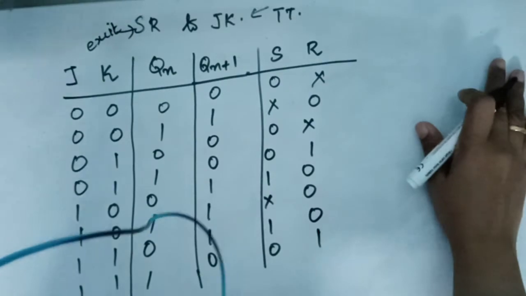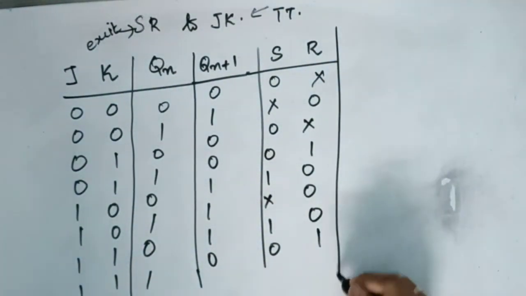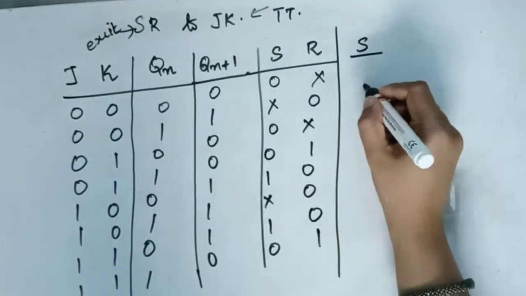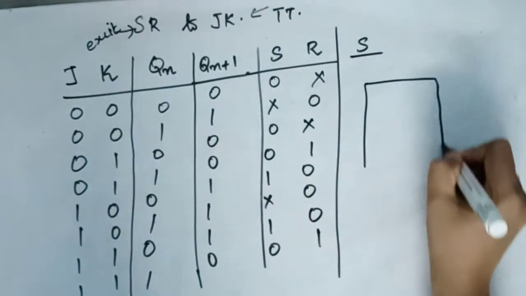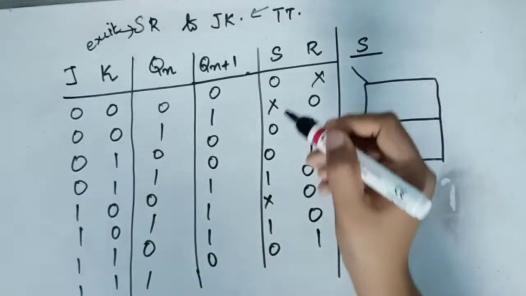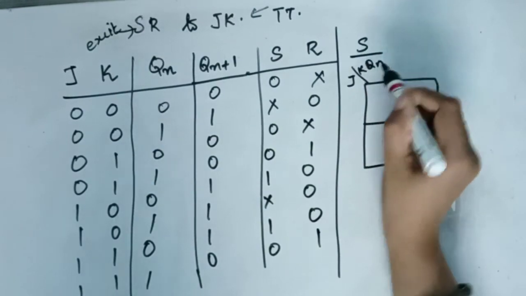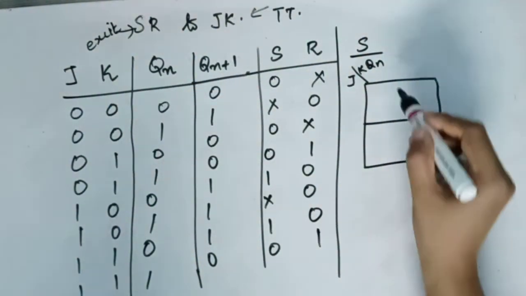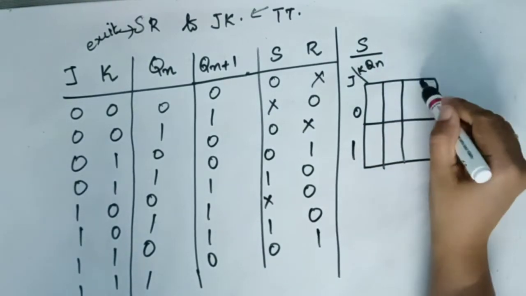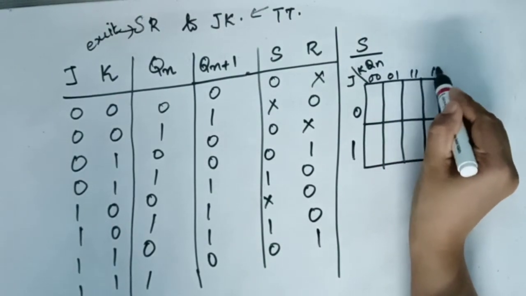So for that, you'll write the K map for S. So K map for S will have J, K, Qn. J, K, Qn. So this will be 0, 1. This is 0, 0, 0, 1, 1, 1, 1, 0.